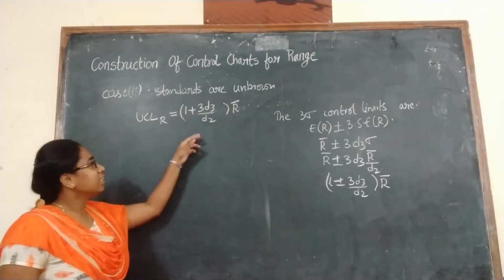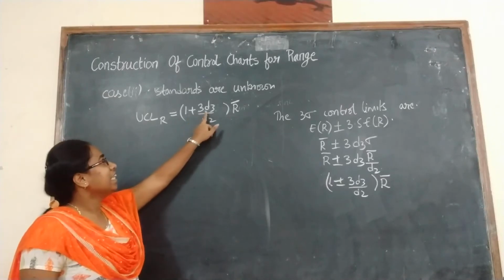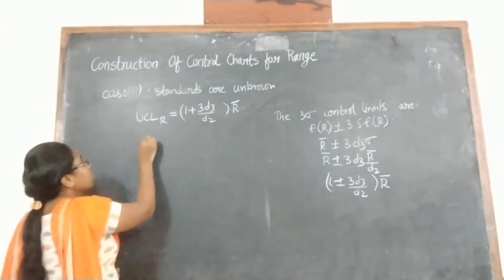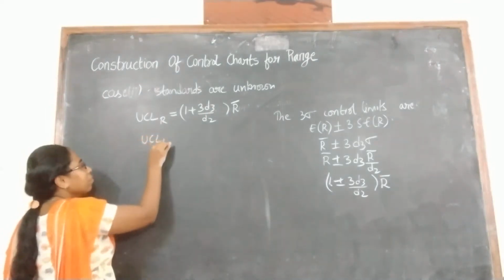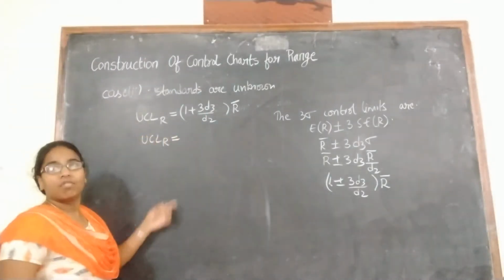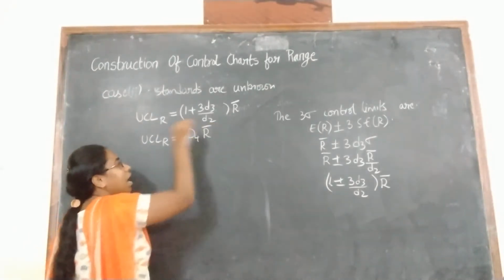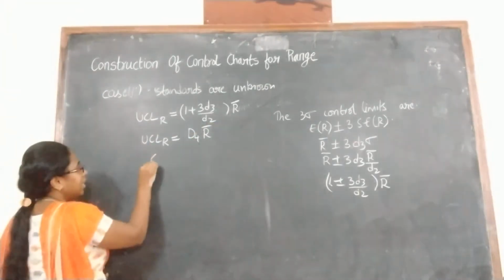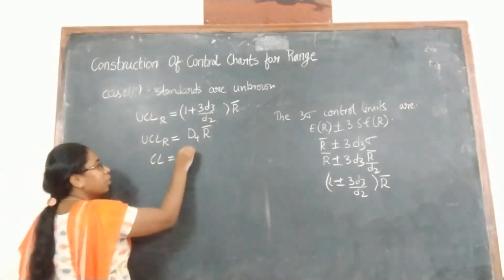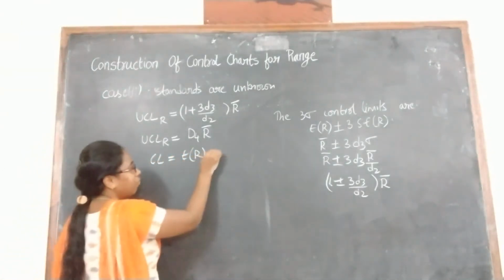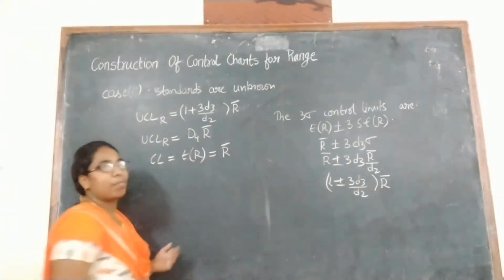I am considering this 1 plus 3D3 by D2 as capital D4. So my UCL of R equals capital D4 into R bar. Next, CL equals expectation of R, which means the mean value, that is R bar.